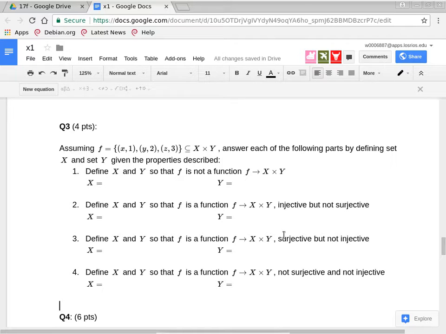Did I say anything about F being a function as the first part of the question? Nope, I did not say anything about F being a function. F is nothing more than a set of 3 tuples. Did I mention anything about the content of X? I did not.